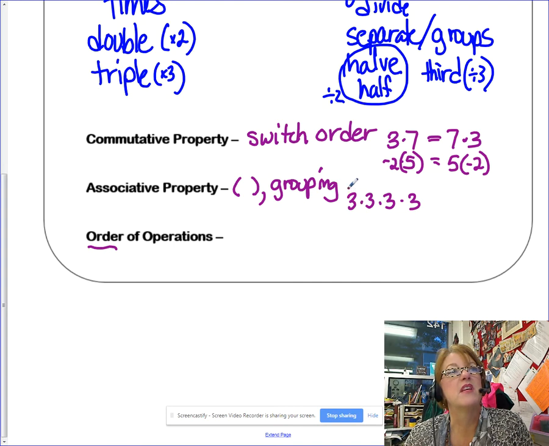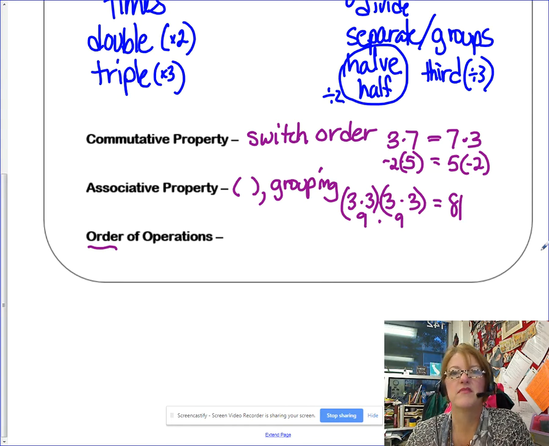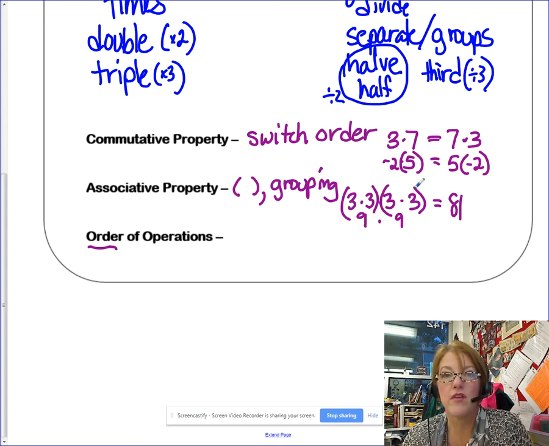But sometimes it might be easier to do those two together and these two together, and group them to make it easier to get your value. I'm not saying you couldn't go 3 times 3 is 9, times another 3 is 27, times another 3 is 81. That's fine as well, but sometimes grouping might make it easier or faster.